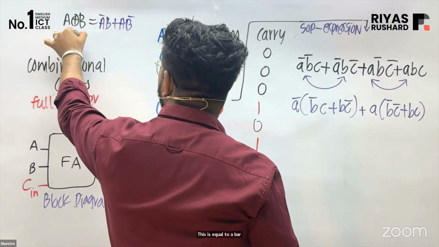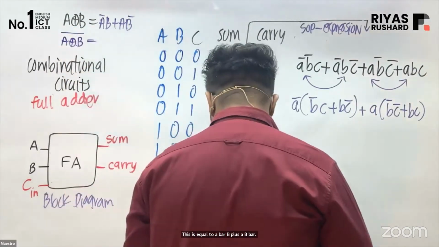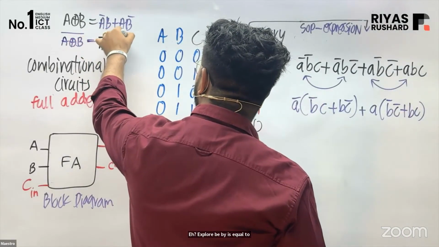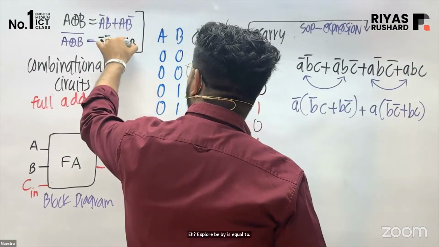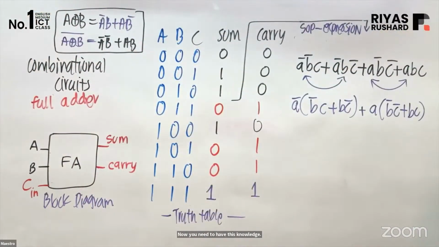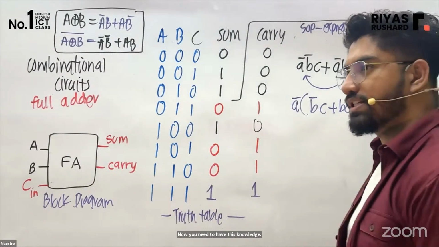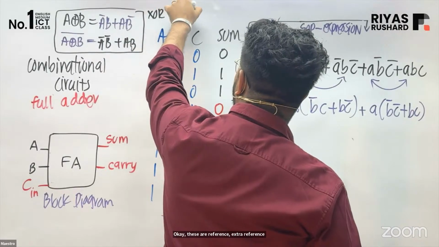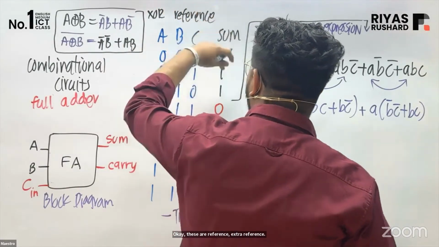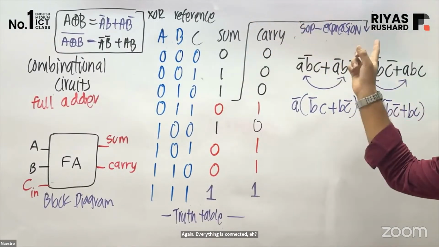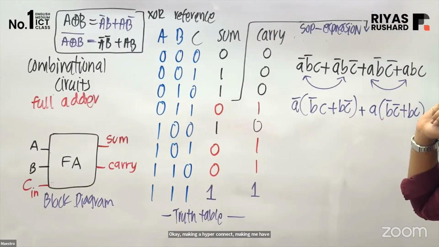A XNOR B is equal to A bar B bar plus A B. You need to have this knowledge to do this question. These are references. Again, everything is connected.